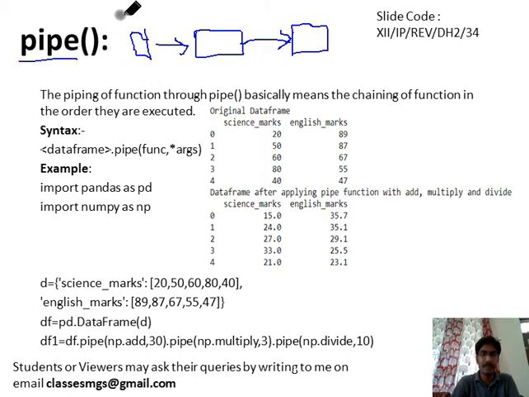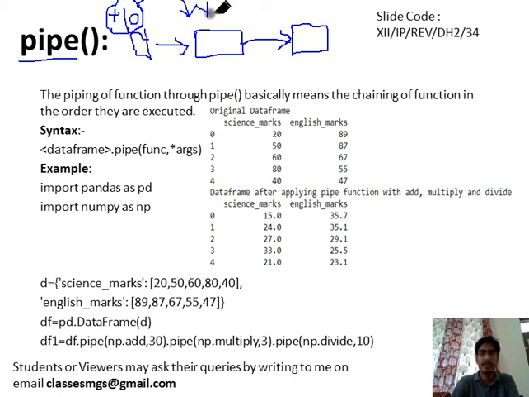Suppose we have written a function to add 10 to each element of the data frame. After adding 10 to each element, we pass the updated value to another function to perform some other operation.